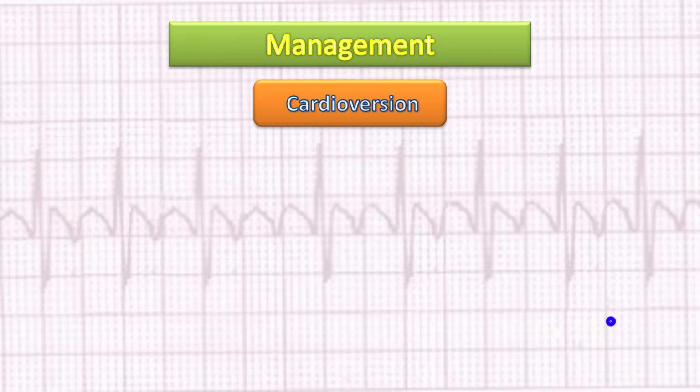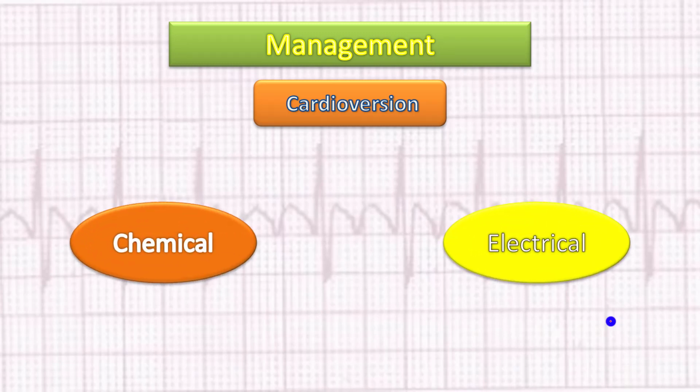What we will do if the patient is unstable? Actually, we will do cardioversion. And cardioversion is by chemical means or electrical means. And you should know that the electrical cardioversion is the one of choice, because it's more effective than the chemical cardioversion.